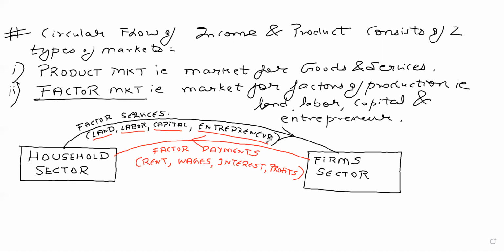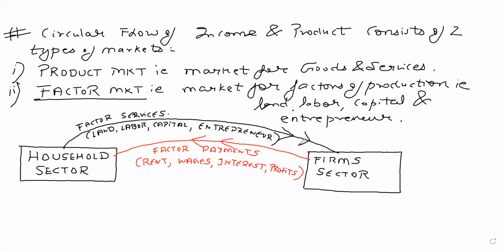So I hope all students have understood this circular flow. Factor services are provided by the households to the firms, so arrow in this direction, and firms are providing the factor payments to the households.